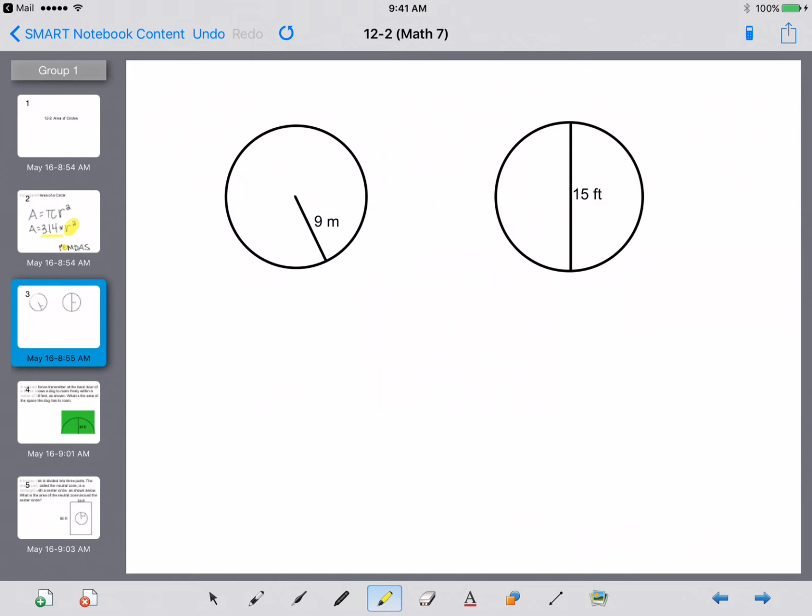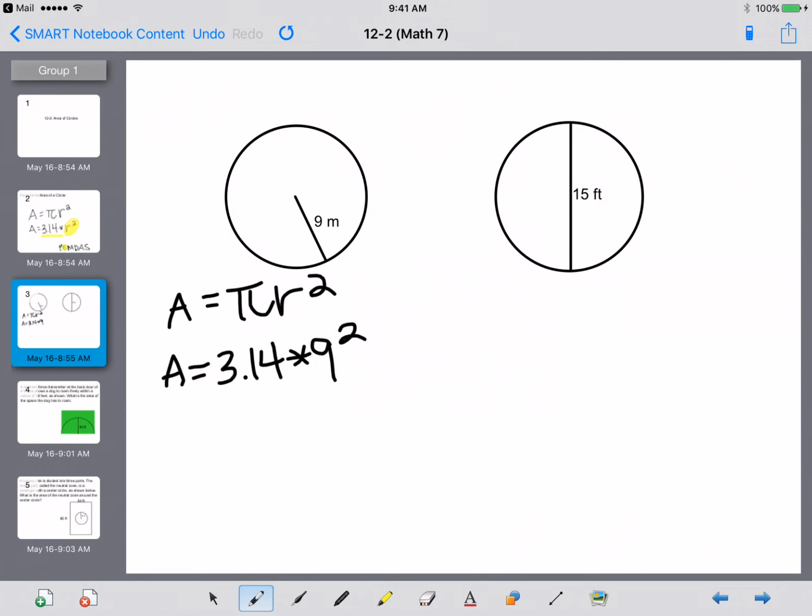Okay, we have a couple of example problems here for us. It wants us to find the area. So our area equals pi r squared. So that would be 3.14 times our radius, which is 9, squared.